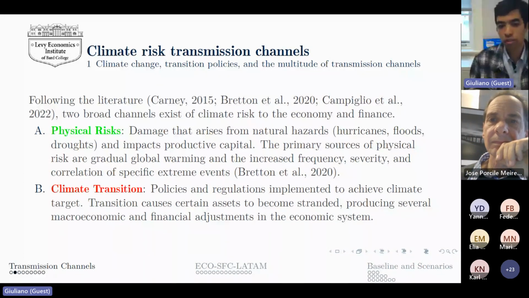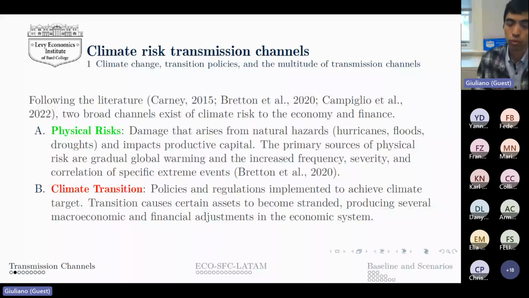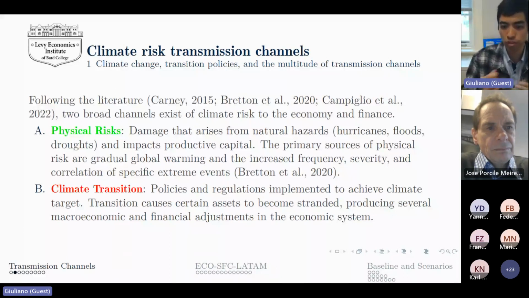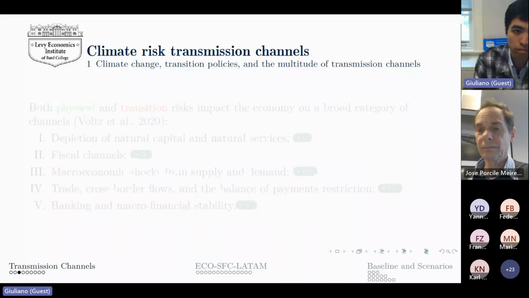That is the policy that aims to reduce the human impact on the environment. And this transition may cause some of the assets to become stranded and produce several macroeconomic and financial adjustments in the economic system.